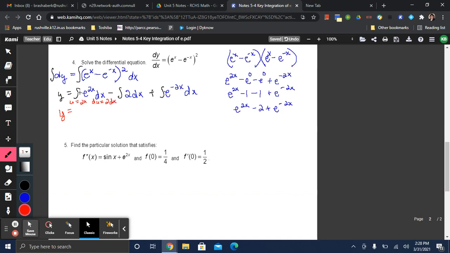And so you need a 2 and could balance this out with 1/2. So what you're really going to be integrating is 1/2 times the integral of e to the u du.